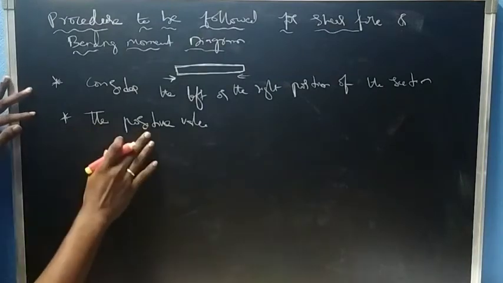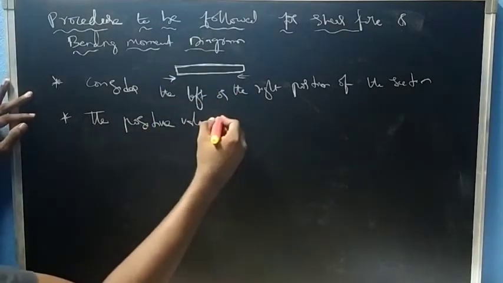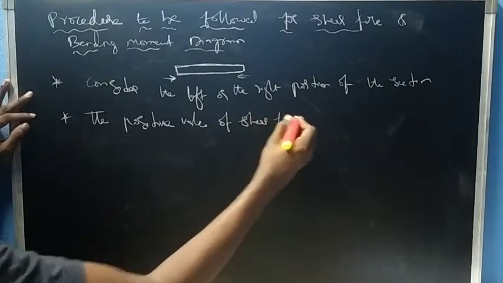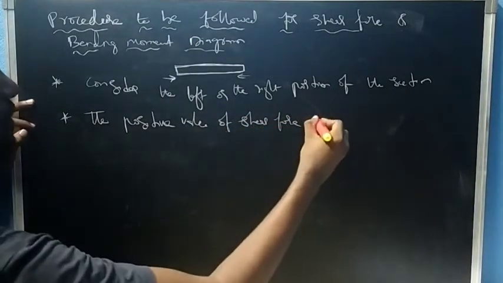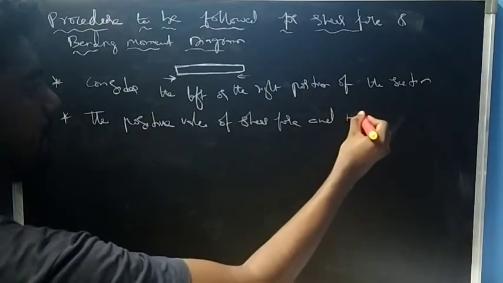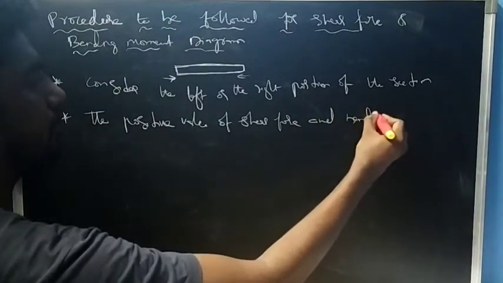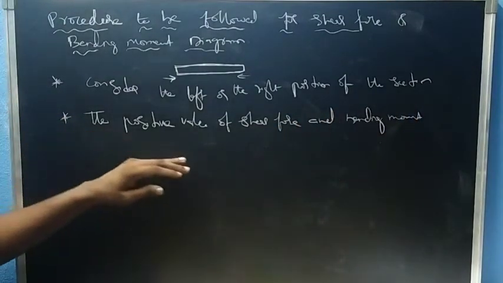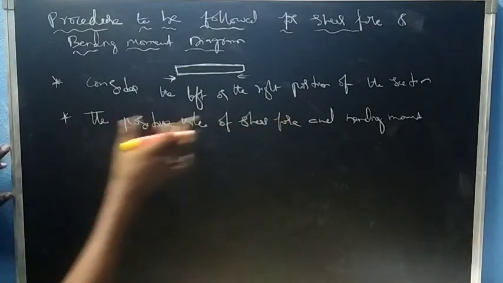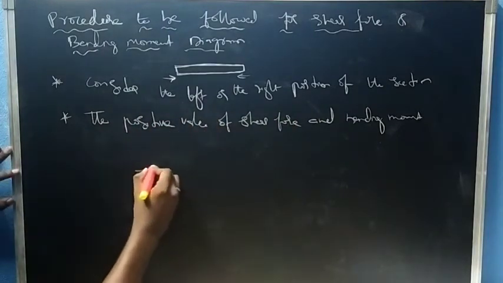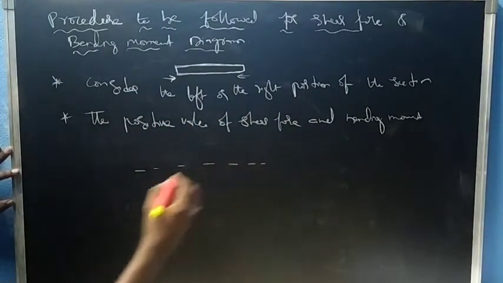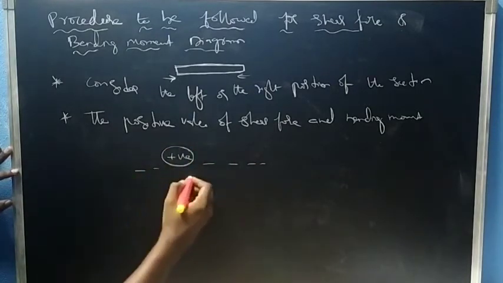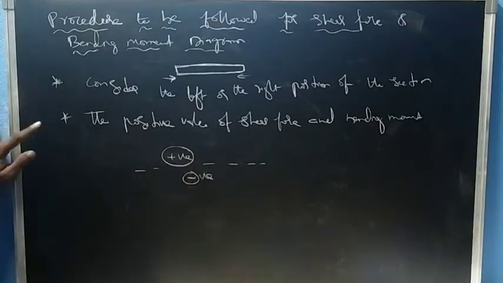The second point is that the positive values of shear force and bending moment we show above the baseline. Let's say this is our baseline, and we show the positive values above the baseline and negative values below the baseline.